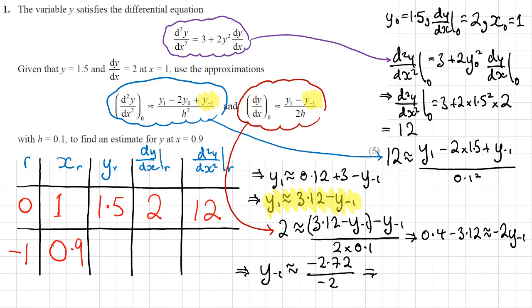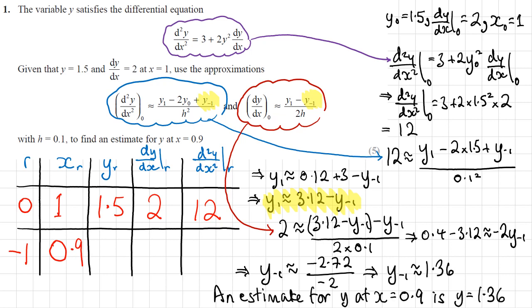So I'll get y sub minus 1 is approximately 1.36. So I'll just finish that off by saying that an estimate for y at x equals 0.9 is 1.36.